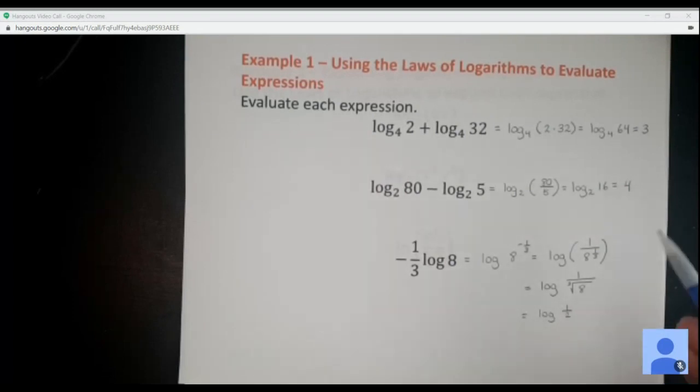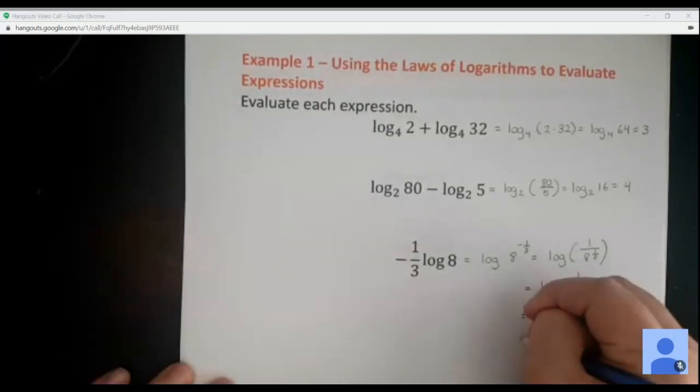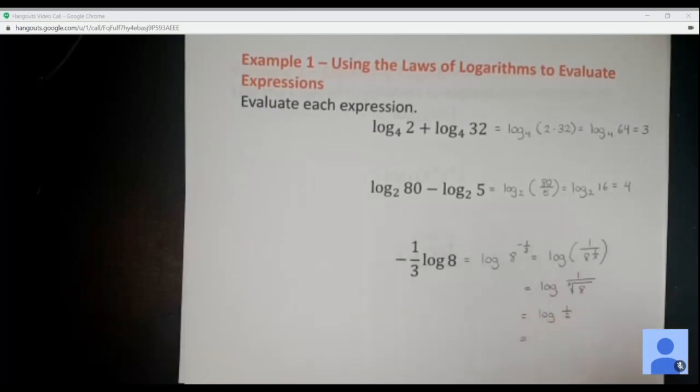So at this point, we could either stop there, that's an exact value, or if you have a decimal approximation, we have a common log key on our calculator, so we can just go in there and do the log of 1/2. So what would that give us? We'll just do 3 decimal places. So log of 1/2.